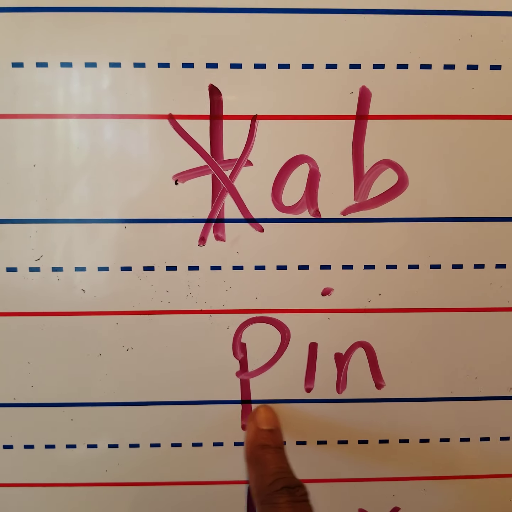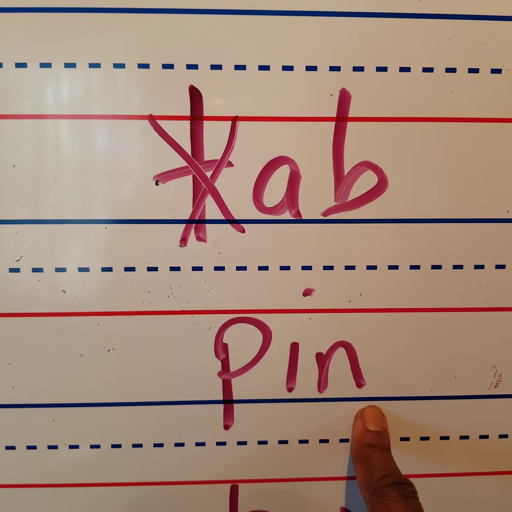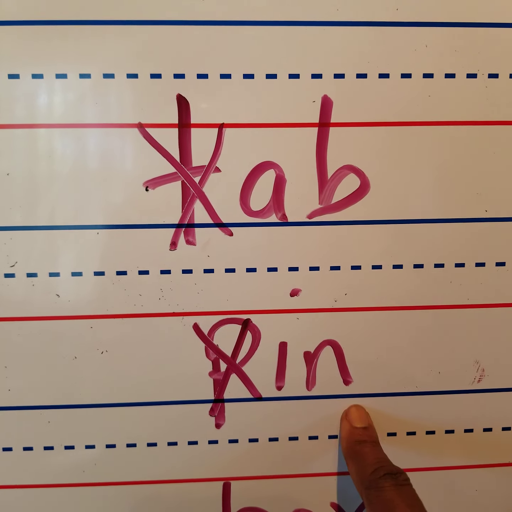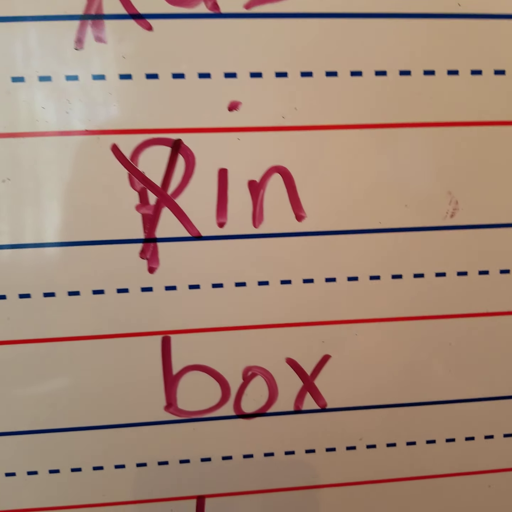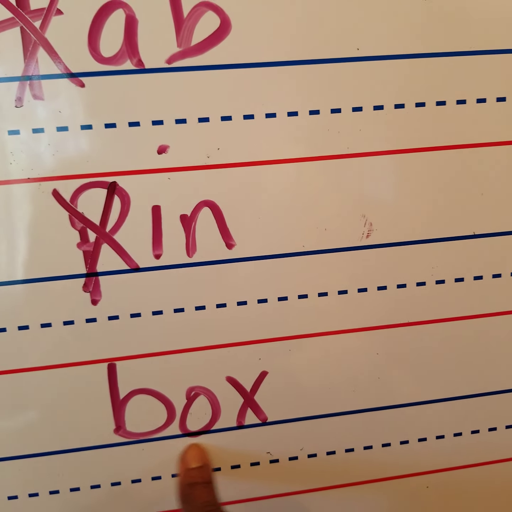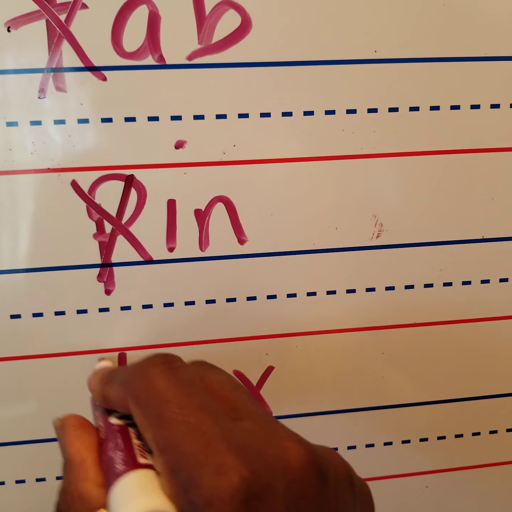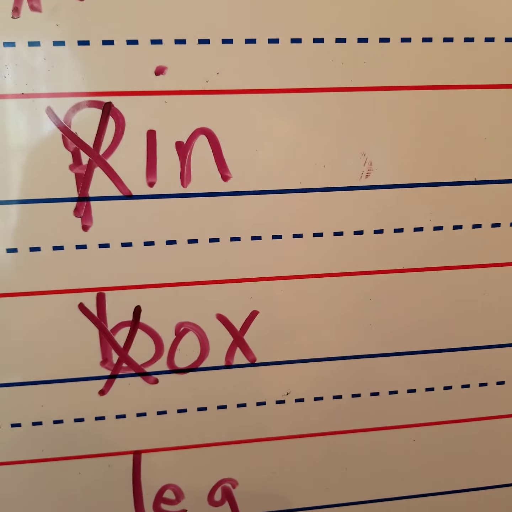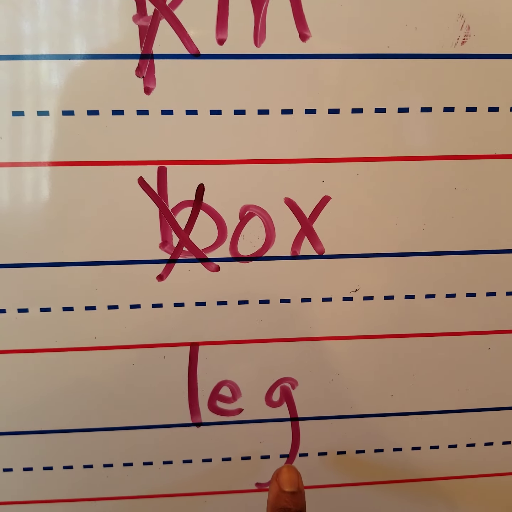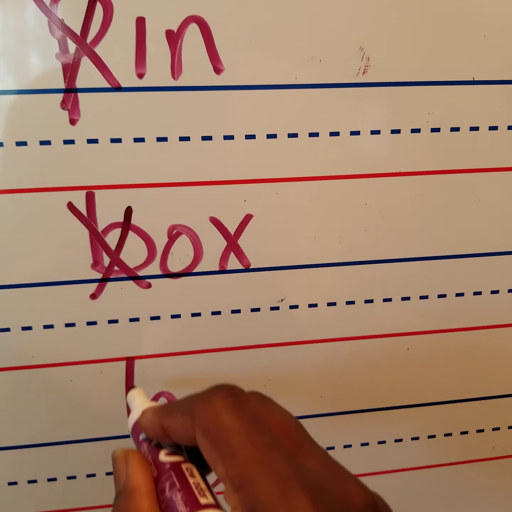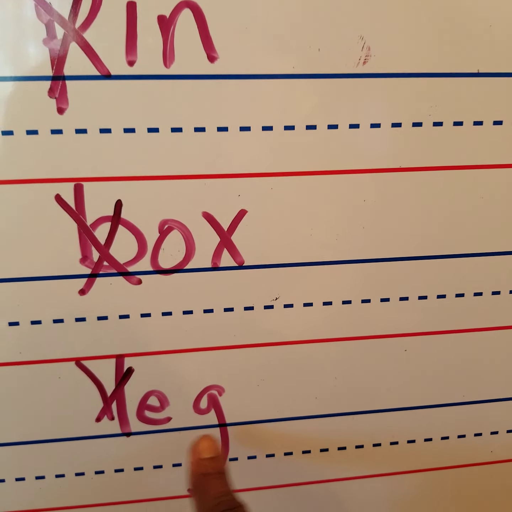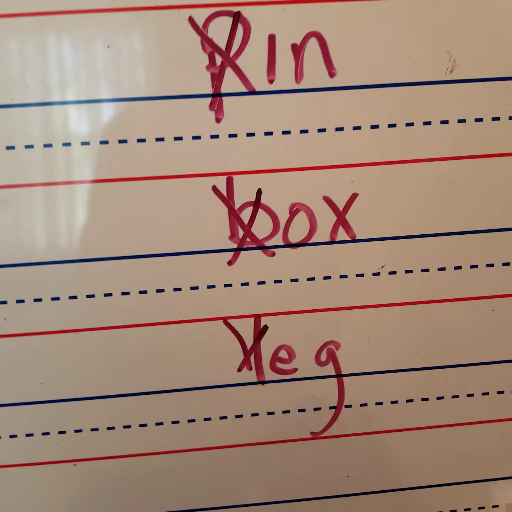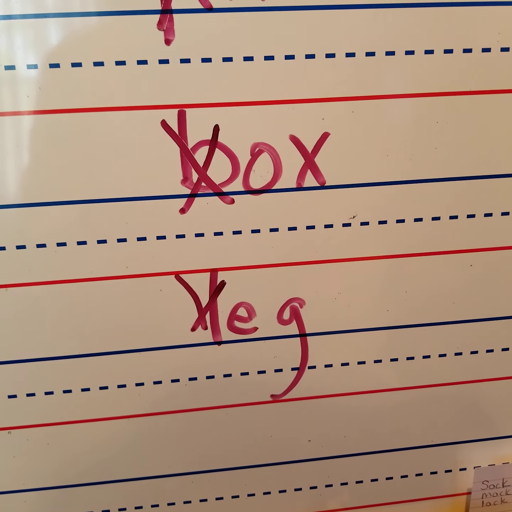If I have pin, and I take the p off of pin, I have in. I have box. If I take the B off of box, I have ox. And I have leg, and I take the L off of leg, I have egg. Yes, it sounds just like the egg that we eat, but we would actually add another G to that.